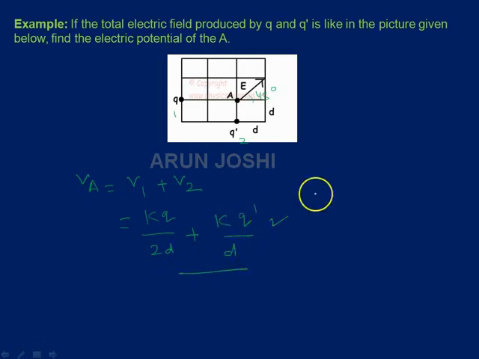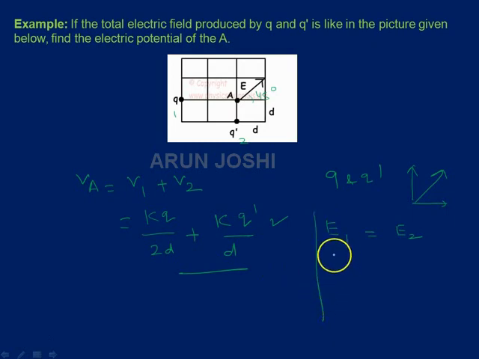If we are able to calculate the relation between Q and Q dash, we are able to get the answer. Now in the diagram it is given that the net electric field makes an angle of 45 degrees. It means the electric field due to Q1 is equal to the electric field due to Q2. One is this, another is this, they are equal in magnitude, and this is the resultant at 45 degrees.